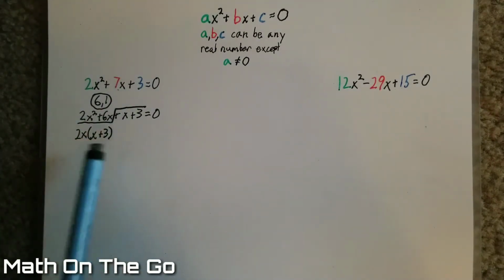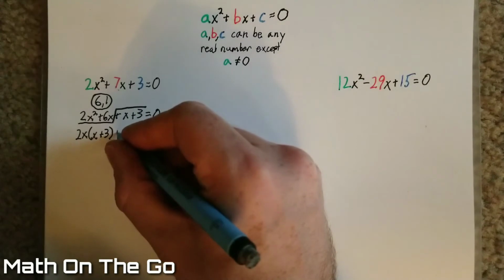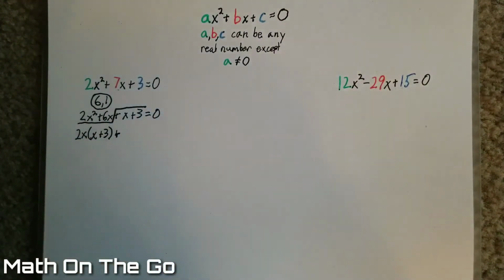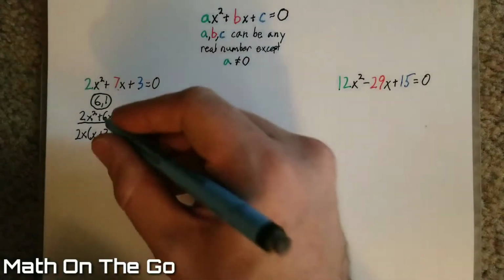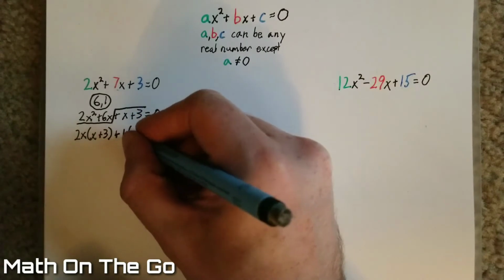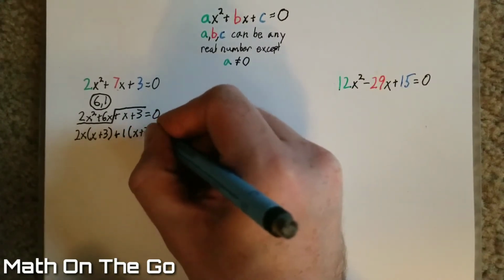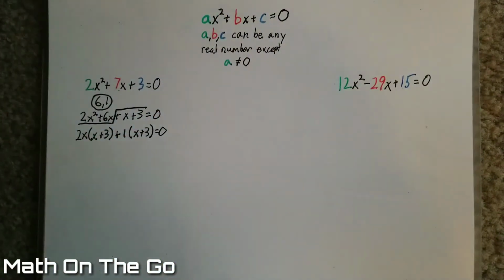Now we want to carry down this plus sign. And with x plus 3, there's nothing we can really factor out of that other than a 1. So we'll put a little 1 out front: x plus 3 equals 0. Okay, now we've got this going for us.